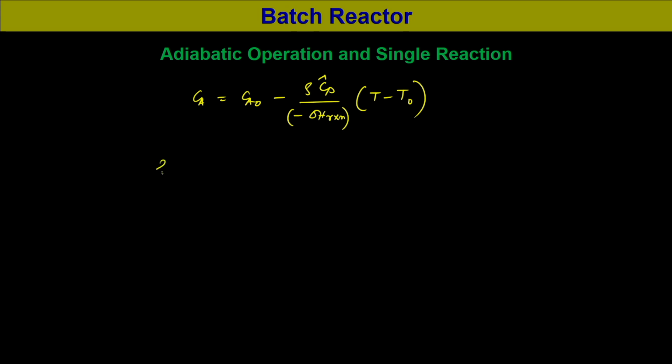We know the energy balance equation, rho Cp dT/dt is equal to minus delta H reaction into Ra. So, Ra is a function of concentration and temperature.